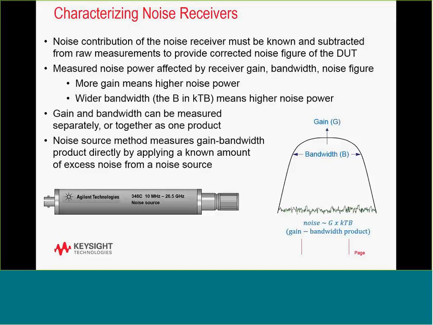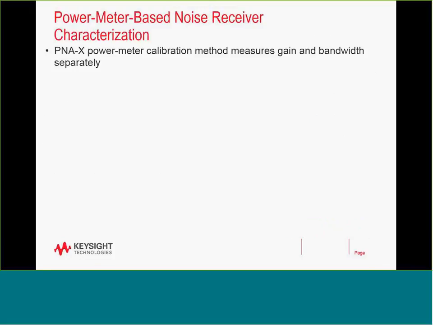That can be measured using either a noise source or the power meter technique, where the power meter is used to calibrate the transmit out of the network analyzer. Then we connect the transmit side, pointing to port 2, let's say, and the network analyzer uses that source to find out the gain and the bandwidth product of the receiver. Then the calibration is done in that technique.